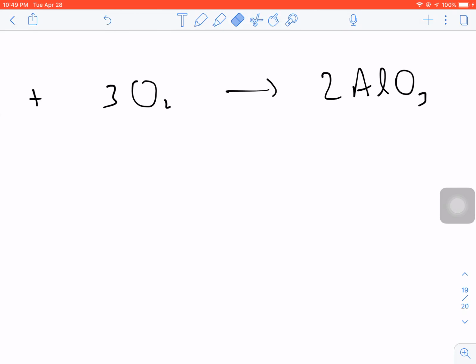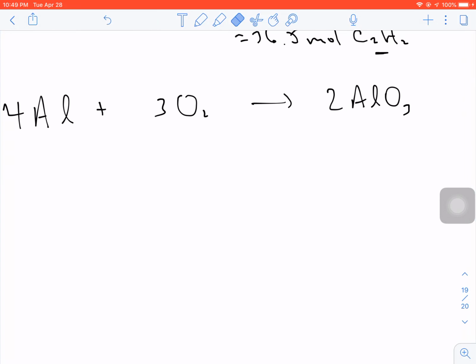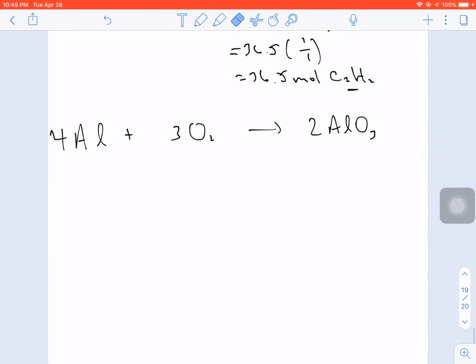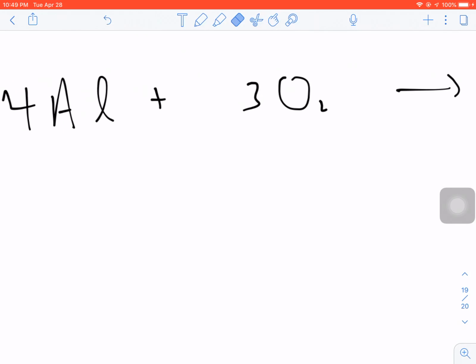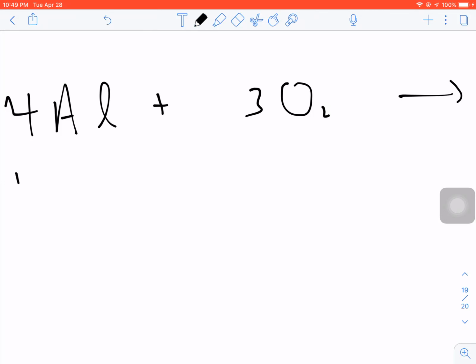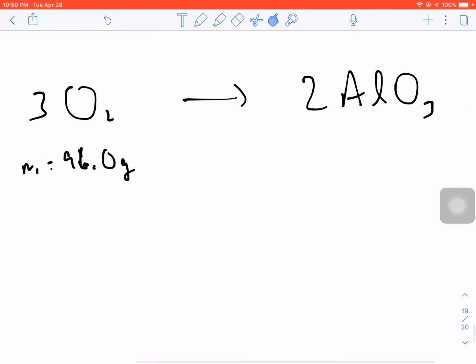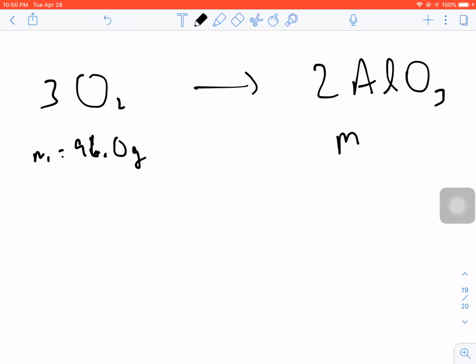Okay, so the question says, if we start with 134.9 grams of aluminum and 96 grams of oxygen, how much aluminum oxide am I going to make?